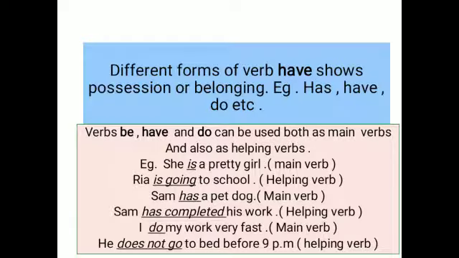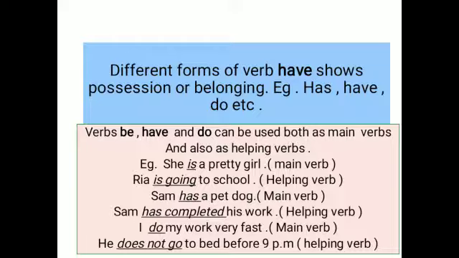Secondly, different forms of the verb have show possession or belonging. So by using the verb have, we can know whom the things or the objects belong to. The words like has, have, had are the verbs.